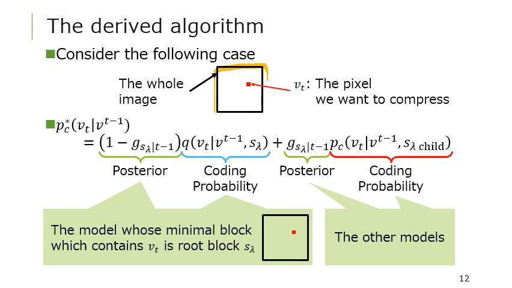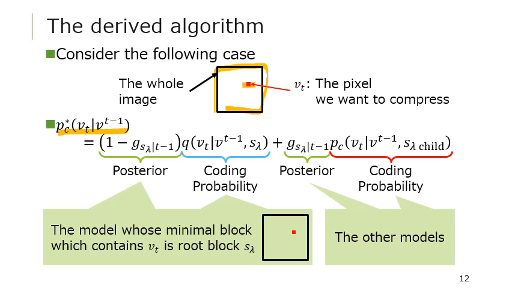Let this black box represent the whole image, and this red box represents the pixel we want to compress. The optimal coding probability can be divided into two cases.